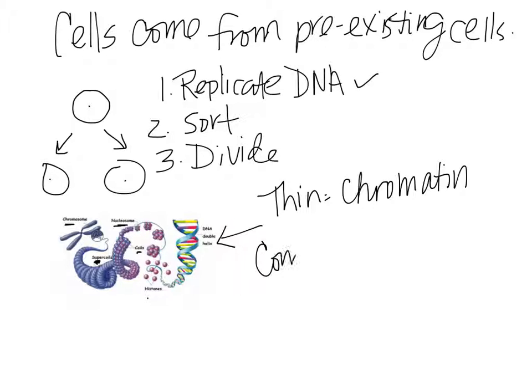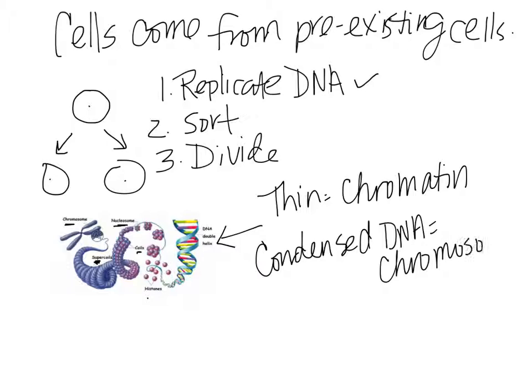So thin DNA is chromatin, condensed DNA is going to be the chromosome. Anytime you see the X-shaped pattern right there, that's going to be your chromosome. So this is like the box. It's filled up with everything inside.